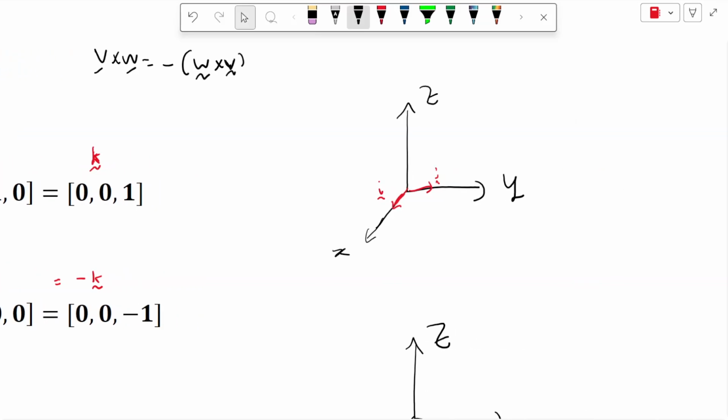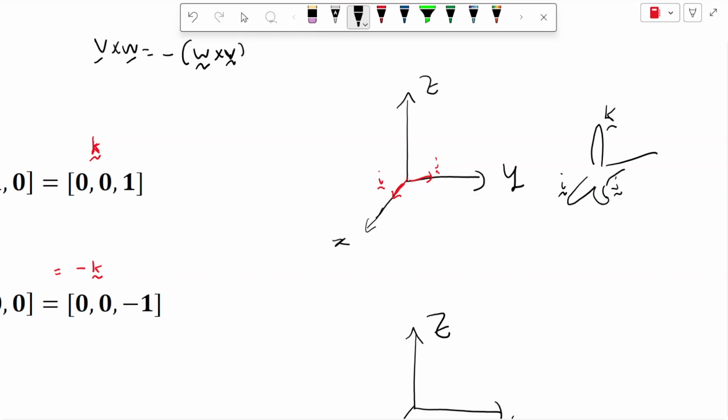Now, I'm horrible at using the right hand rule, mainly because I'm left-handed. You can imagine your pointer finger being the i vector, your middle finger being the j vector, and then your thumb would have to be the k vector. It has to point up, and there's your hand.